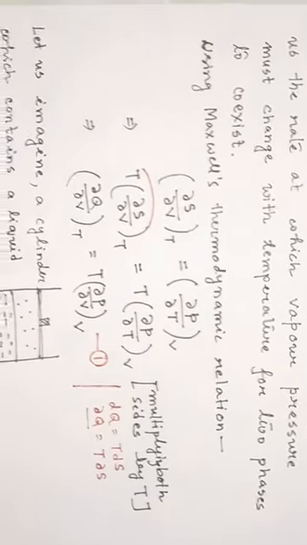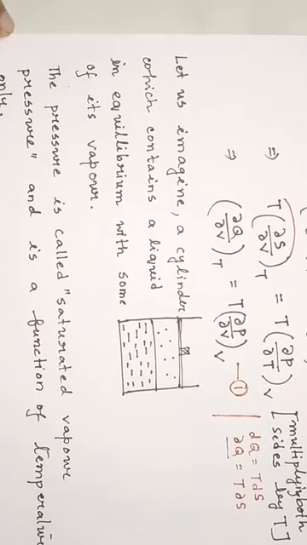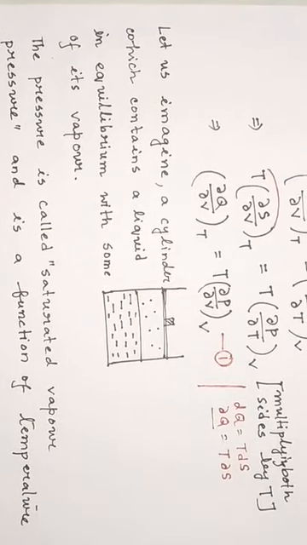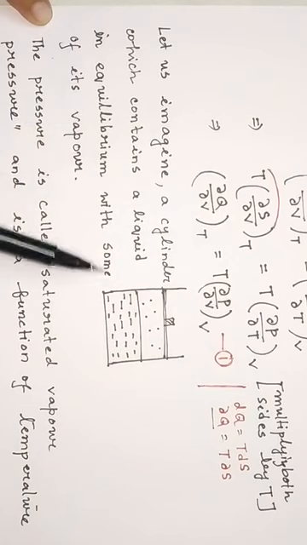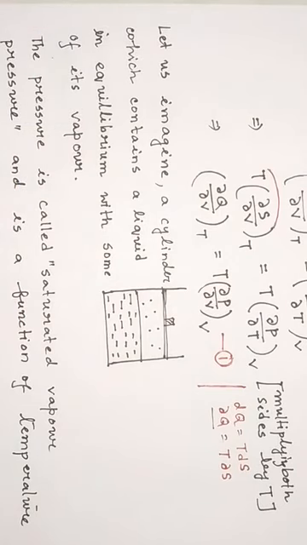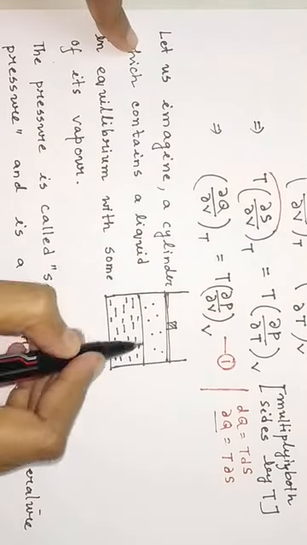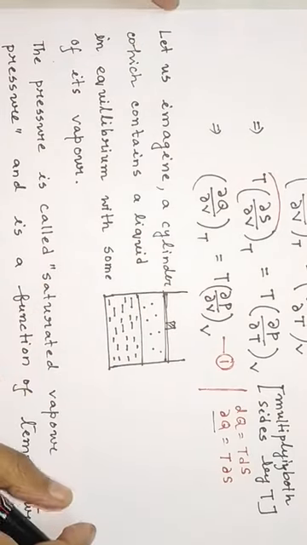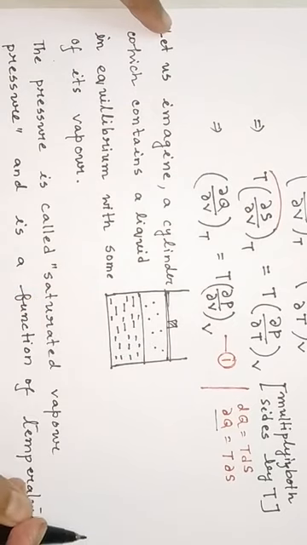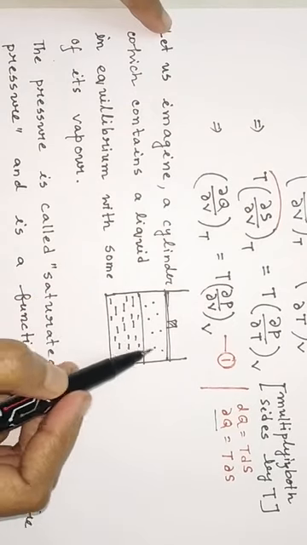Now let us imagine a cylinder which contains a liquid in equilibrium with some of its vapor. Here as you can see we have this cylinder. This is the liquid and there is the vapor of this liquid. They are in equilibrium with each other and they are coexisting.